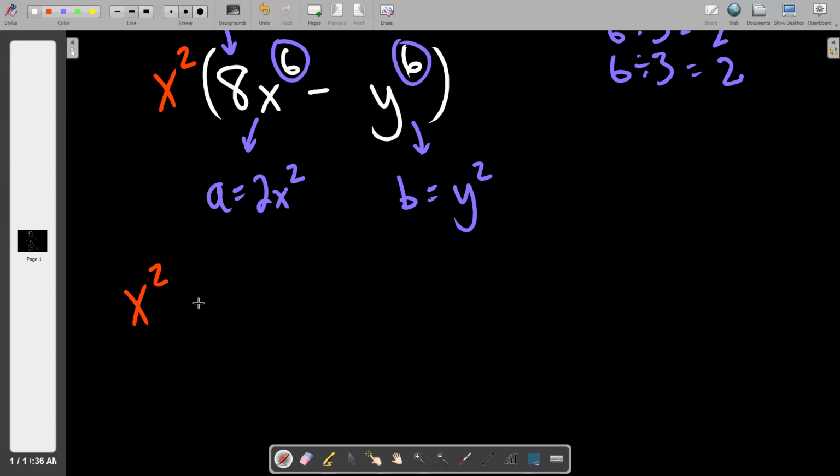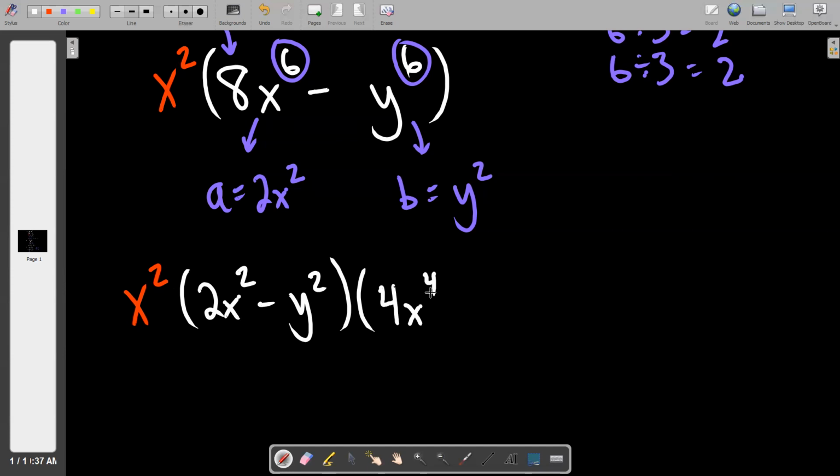Your short set. My short set will be what? 2x squared minus y squared. And if by chance you were to look at that and say, my God, I don't know how he got that, you better get in here and get help. That's just A minus B. And then your long set. My long set is going to start with A squared, which is 4x to the 4th.